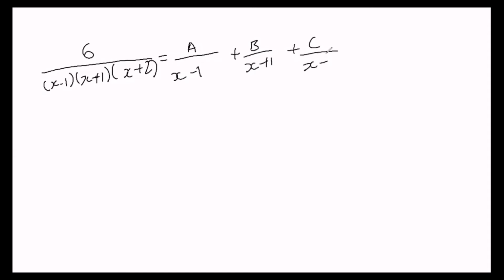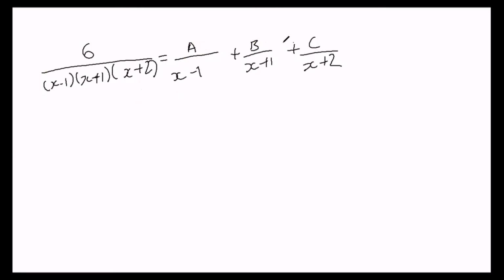So partial fractions is essentially, we want to find the values of a, b, and c that let us go from this side to the point where we split them up into some nice manageable fractions.